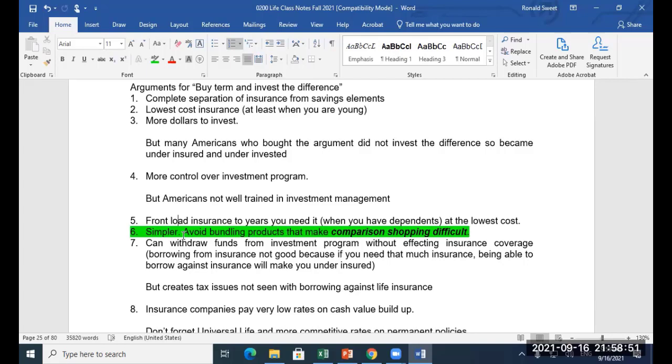If he has 7 kids, what would the term argument be? What's not going to work with whole life? He's not going to be able to afford it, right? He doesn't have money for life insurance. So term is about all he can afford.